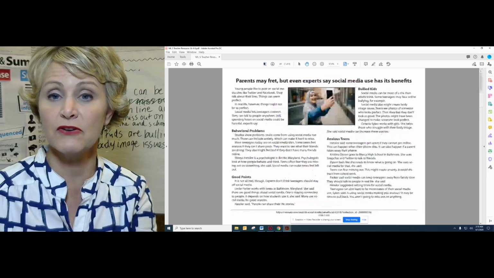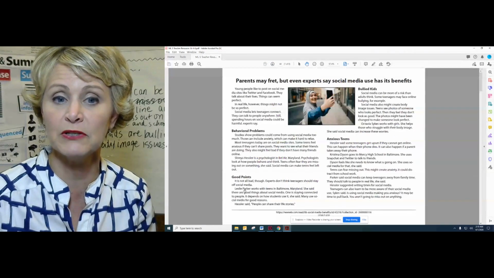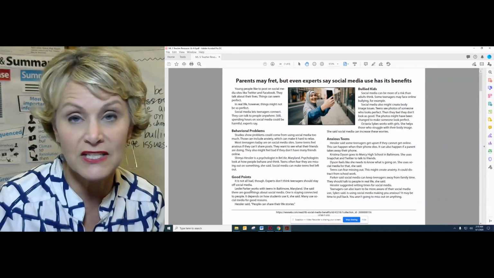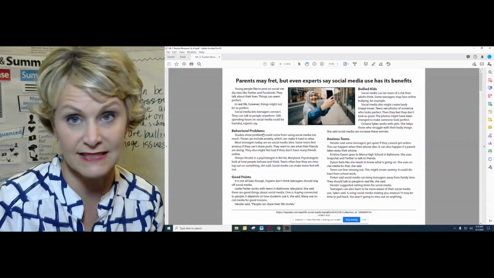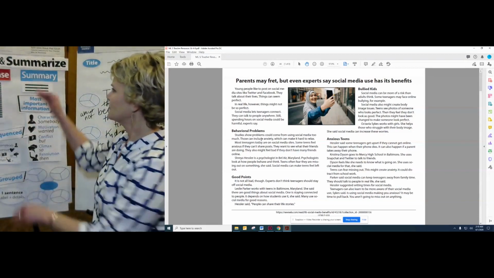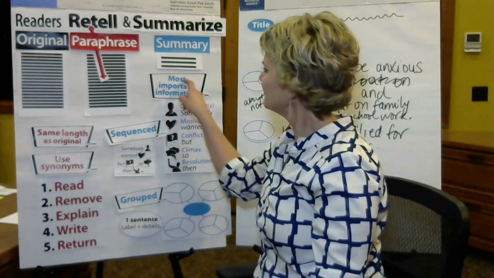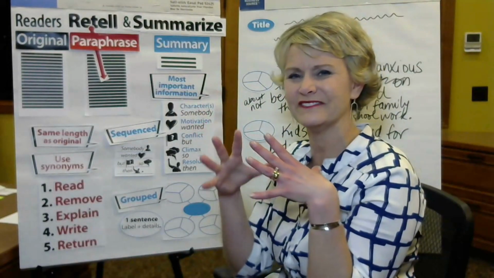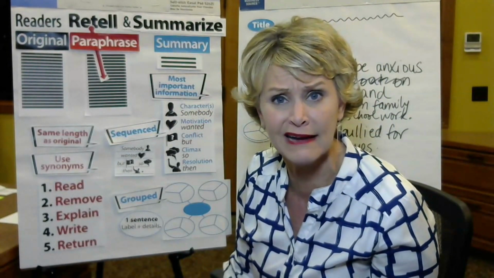Remember those subheads right here, behavior problems and good points. All you're doing is writing a sentence. Sometimes it's harder to write less because you have to figure out what's important and not important and figure out the way to say it without writing a run-on.